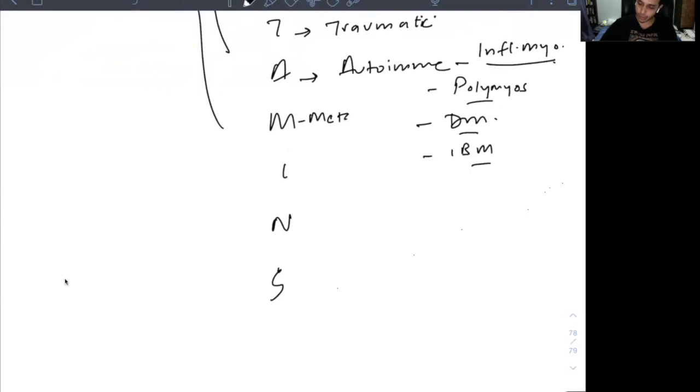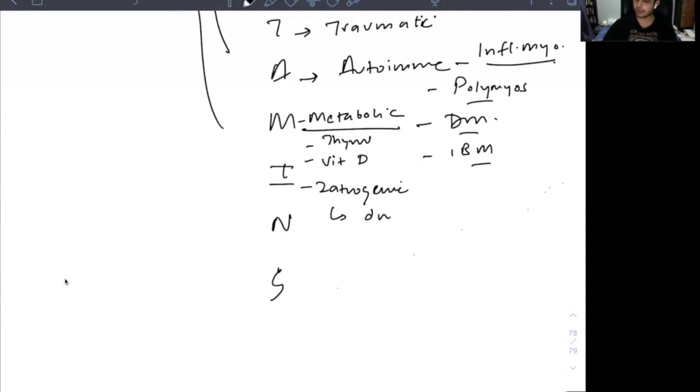Then you have metabolic, such as your thyroid and your vitamin D. You have iatrogenic. So iatrogenic is drug induced. So for example, statins. In today's times, statin induced myopathy is probably one of the more common drug induced myopathy.